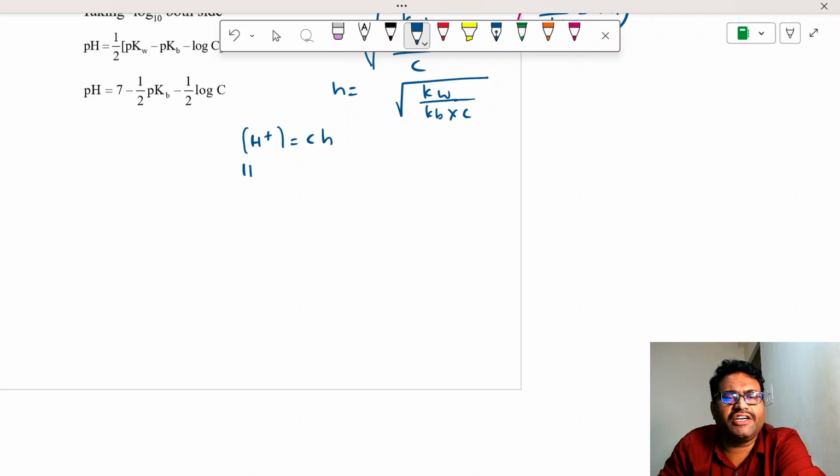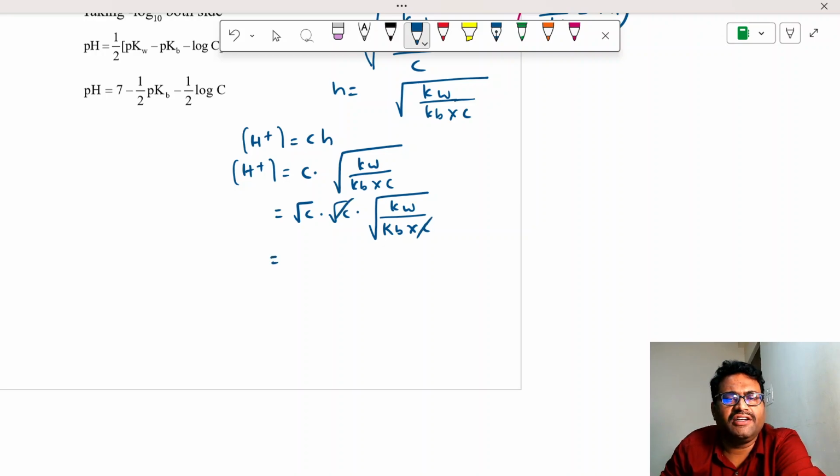So H plus ion concentration is equal to C into root of Kw by Kb into C, which is equal to root C into root of Kw by Kb into C. Root C gets cancelled, then you get Kw into C by Kb.